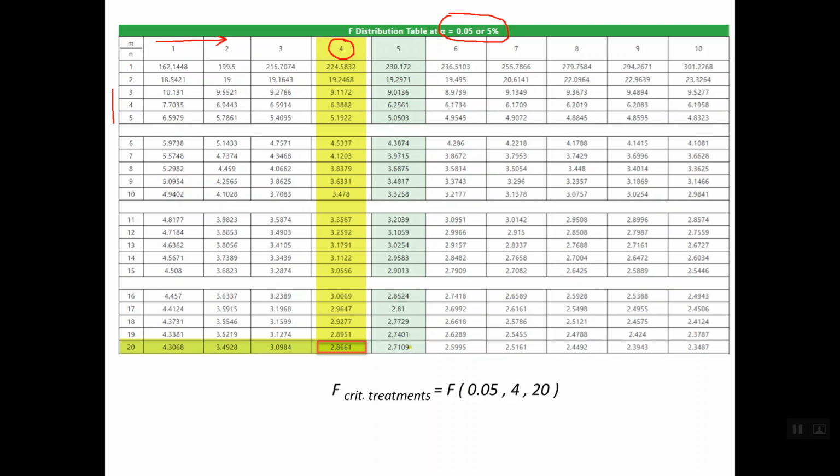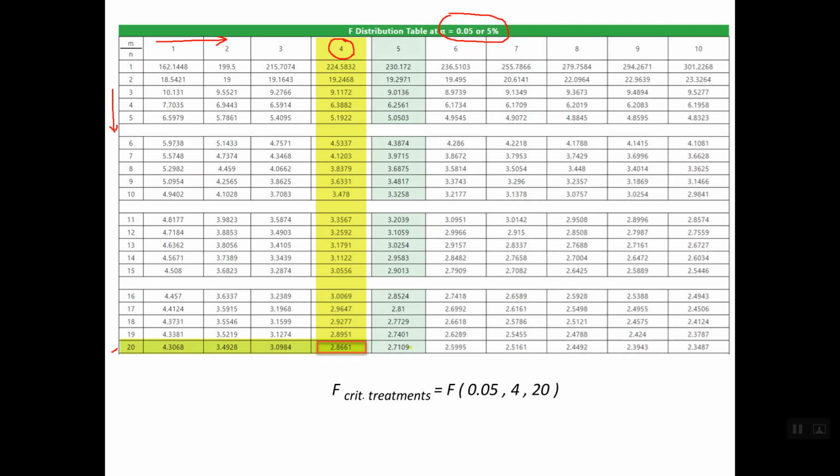And in this column, we should determine the second value of the degree of freedom, which is the degree of freedom for the error, which is 20. So the intersection between these two degrees of freedom is the value of the F critical, which is 2.8661.